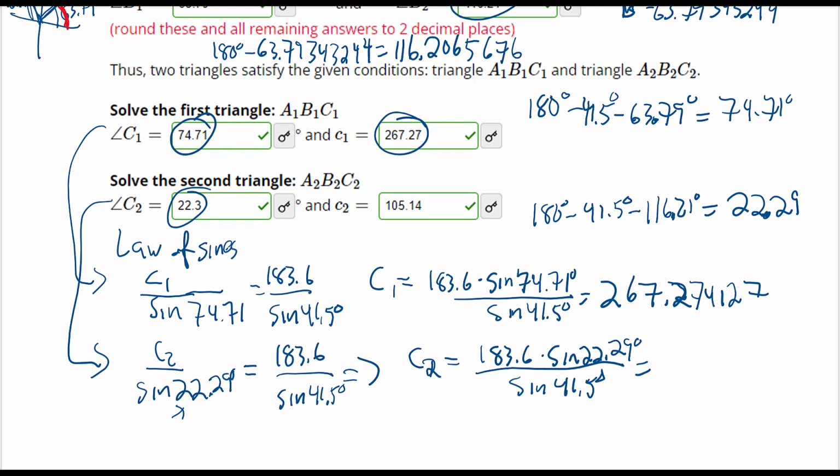Okay. And let's see what we get in this case. So I'm getting 105.60956764. Now this is slightly different than this.